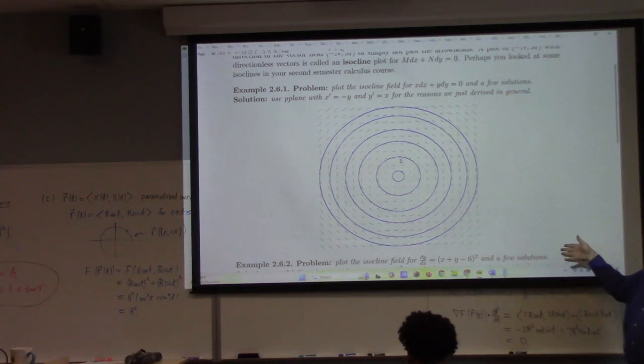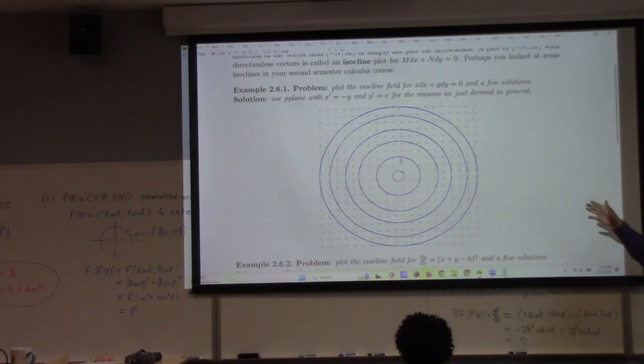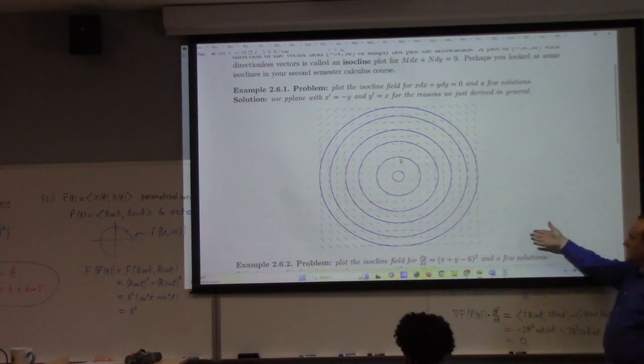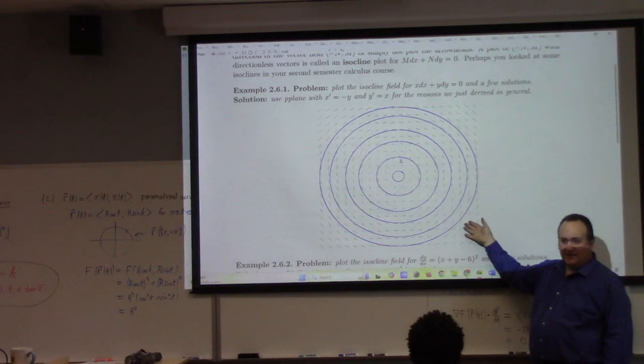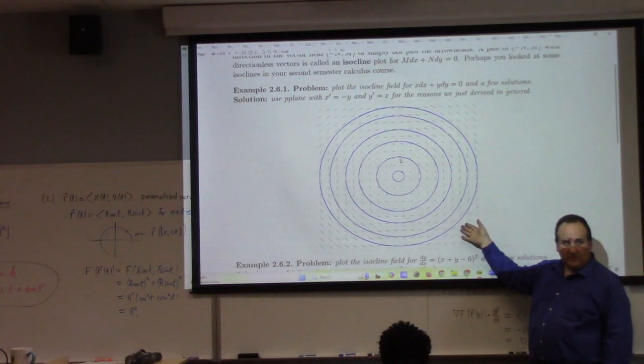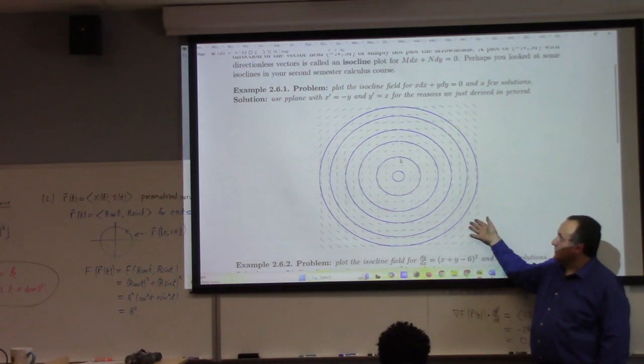I just covered that up here. As you can see, the solutions to it are circles. And these dashes are representative of a line dy/dx with the slope given by the differential equation.